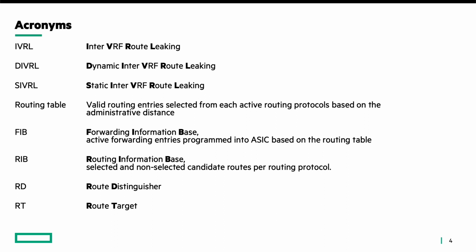Then you might be familiar with the routing table and the FIB, the forwarding information base, which holds routes installed in the ASIC, and the WIP, which is a representation of the tables used to select the next hop. And we will introduce the concepts of RD, route distinguisher, and RT, route target.